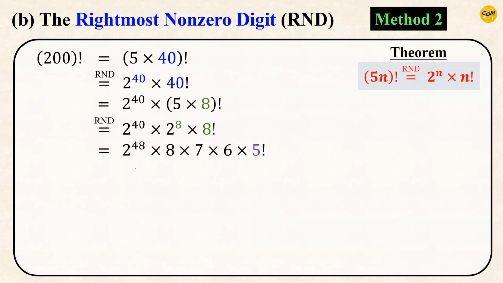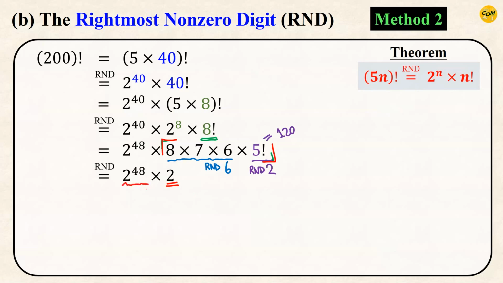So we have 2 to the power of 48, and we can write this 8 factorial as 8 times 7 times 6 times 5 factorial. And 8 times 7 times 6 has the rightmost non-zero digit of 6, and this 5 factorial is 120, so it has rightmost non-zero digit of 2, so this entire part gives the rightmost non-zero digit of 2.